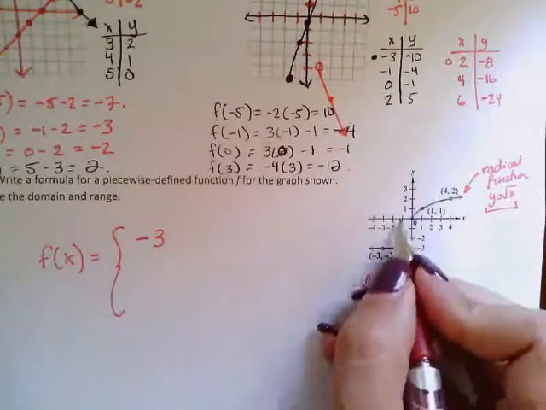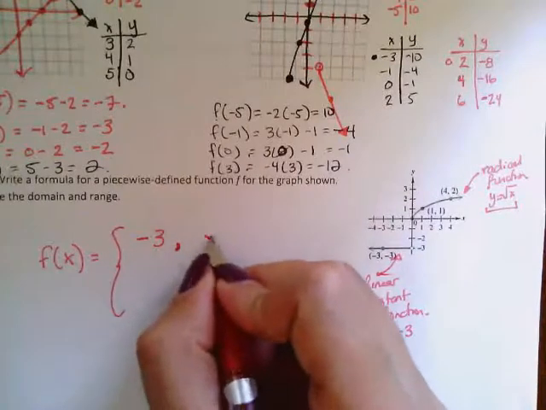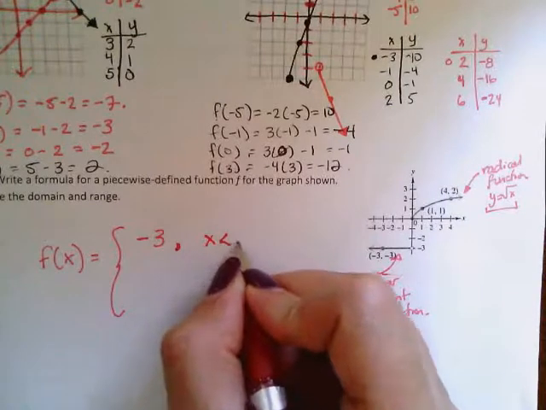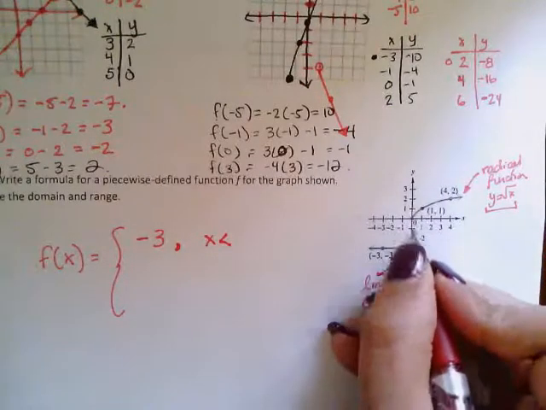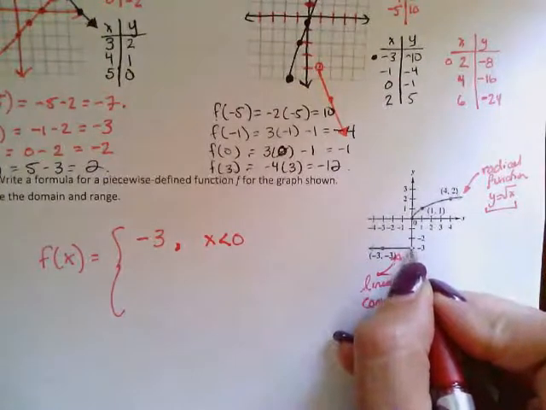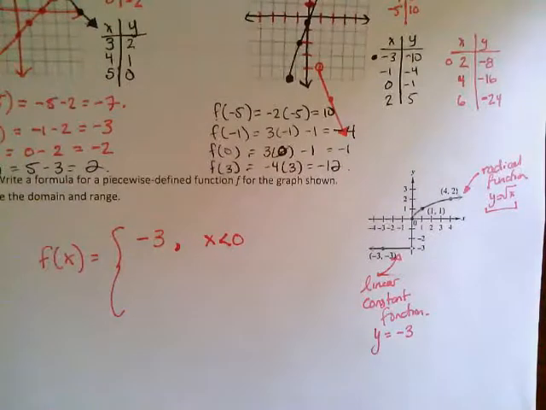for all values x that are less than what? Where does this thing stop? It's 0. And at 0 it's an open circle, so it's not less than or equal to, it's just going to be less than.